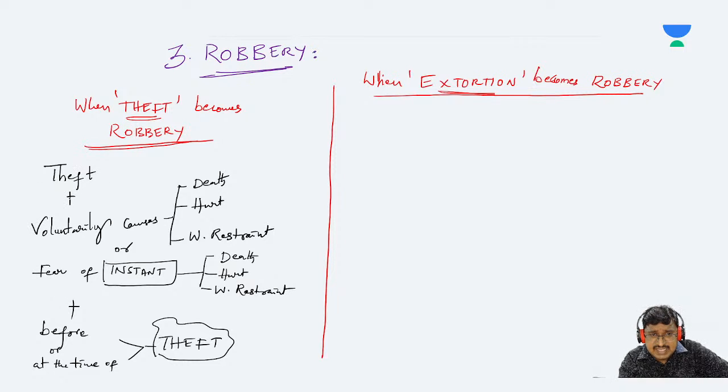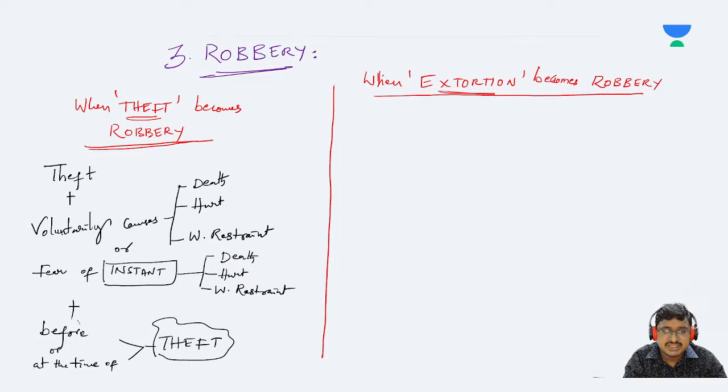Whenever a theft has been committed by the person, along with he voluntarily causes the death, hurt, or wrongful restraint, or the accused person commits the theft and he causes the fear of instant death, hurt, or wrongful restraint, then it amounts to robbery, friends.